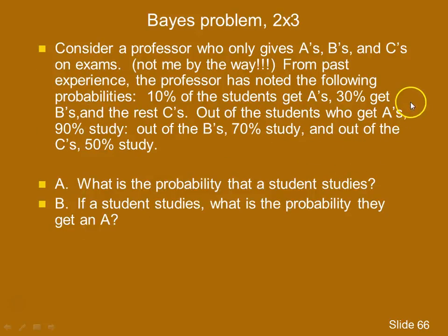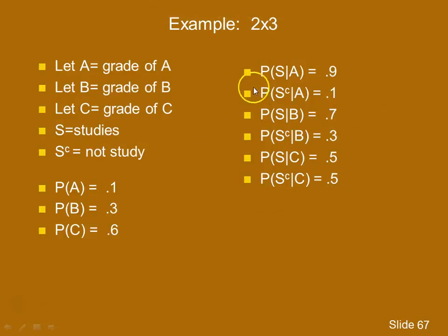Again, the rest of the information in the problem is conditional probabilities. Out of the students who get A's, 90% study. So that means right here, given an A student, given somebody who gets an A, the probability they study is 0.9. And if you want, again, you can write down the complement to that. You might not need it in the problem, but we can put it down.